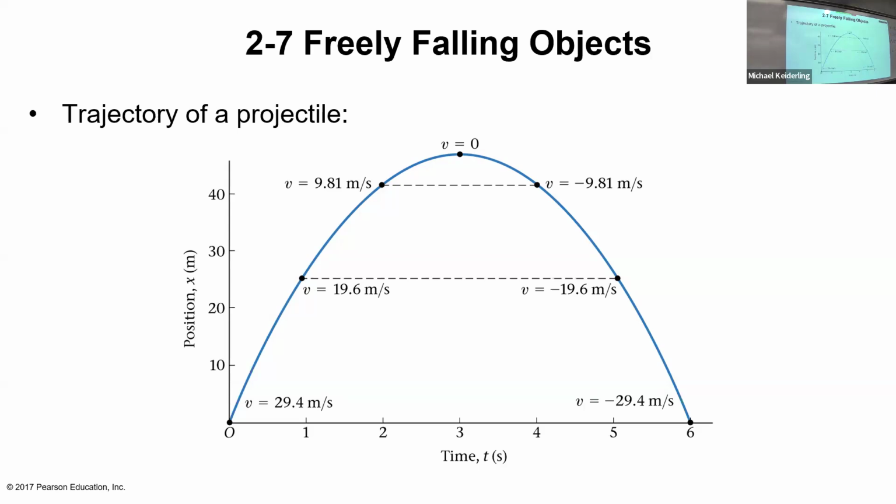So if you start at 29.4 meters per second, after 1 second, you'll be going at 19.6. After 2, you'll be going at 9.81. After 3, you'll reach the peak at 0, and then you'll come down. You'll be at negative 9.81 meters per second, negative 19.6 meters per second, and negative 29.4 meters per second.